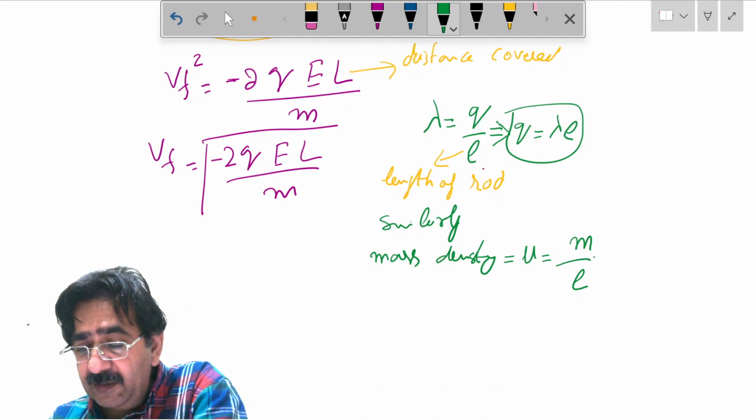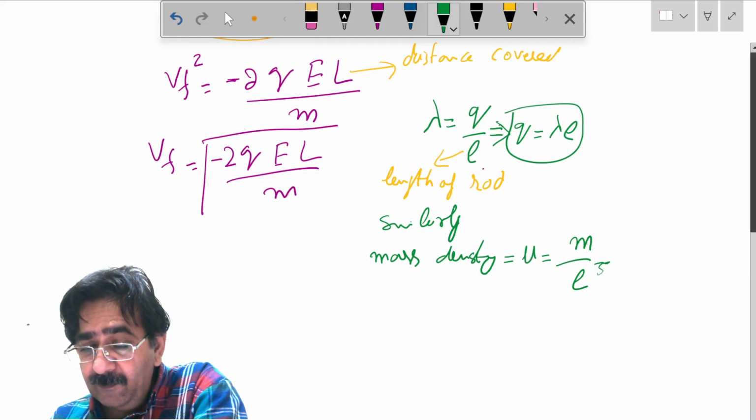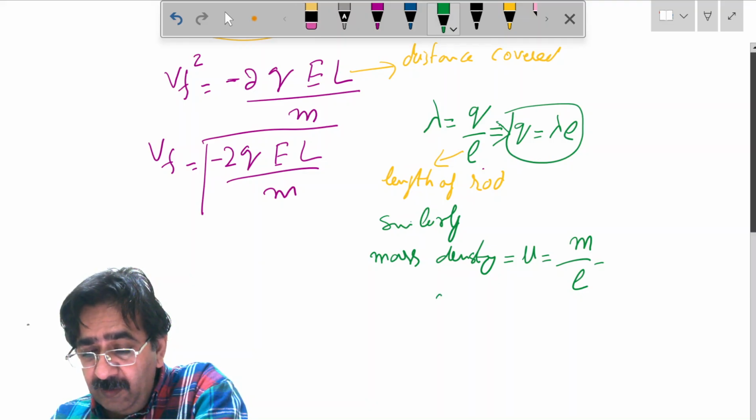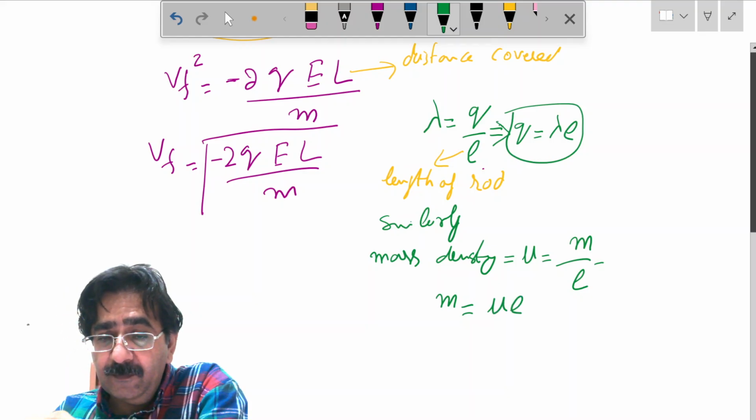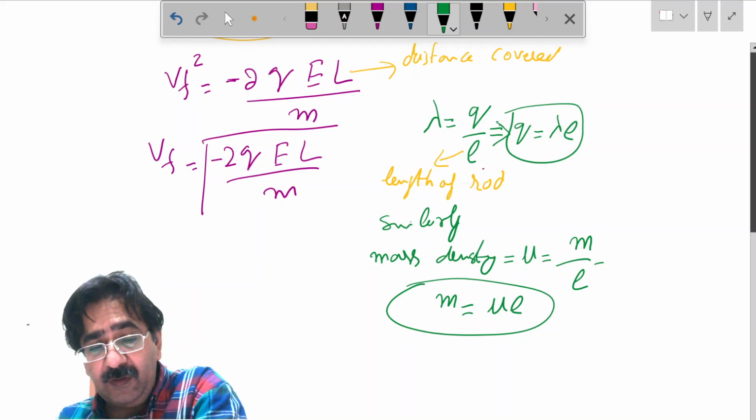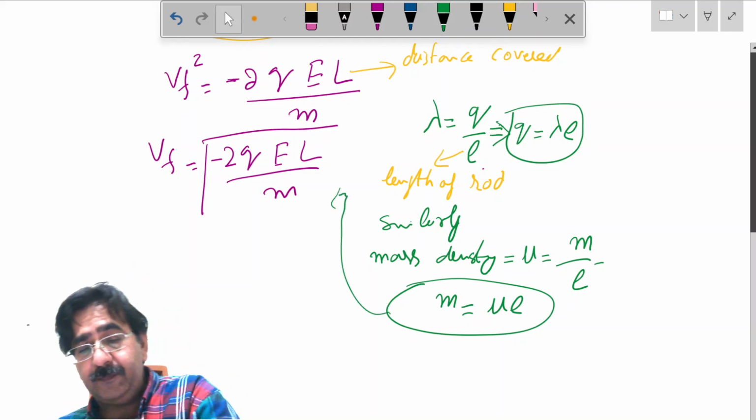And this implies that M will be equal to mu L.